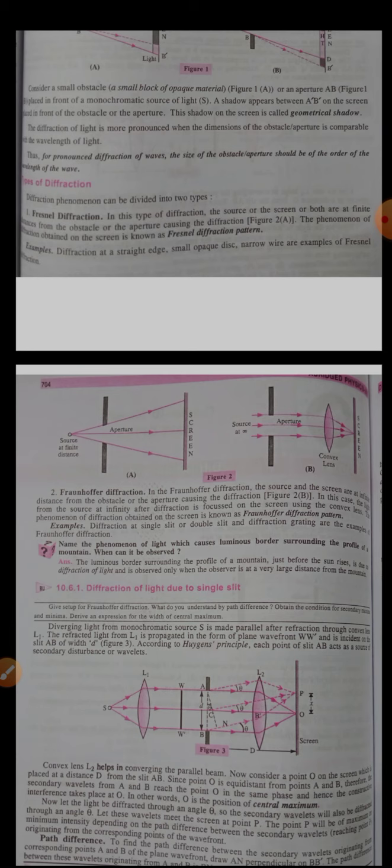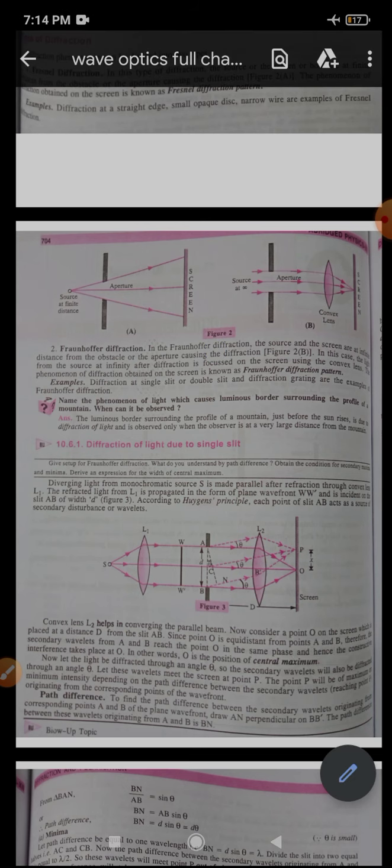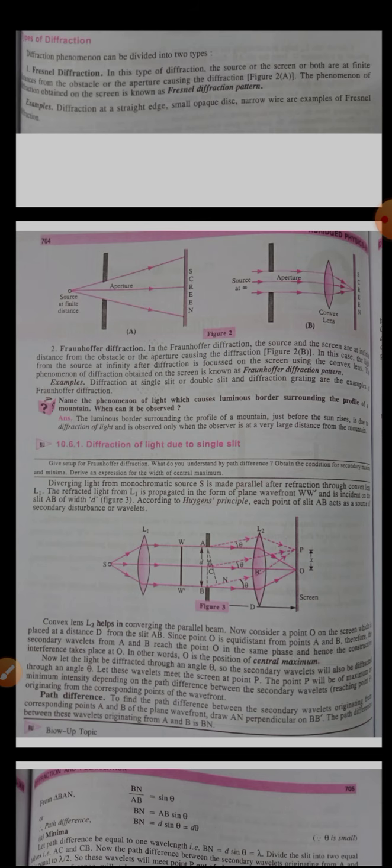If we place the source of light and a screen, where we get fringes or bands, both at finite distances, whatever diffraction pattern we get is known as Fresnel's diffraction. This diagram A is for Fresnel's diffraction.